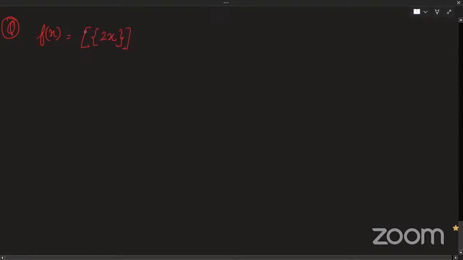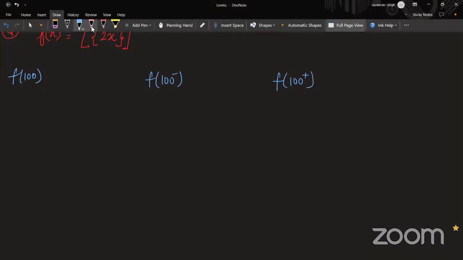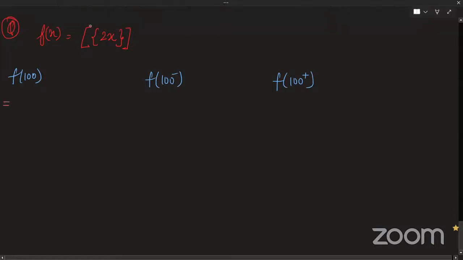Now I am asking you to calculate, first of all, f of 100, f of 100 minus, and f of 100 plus. Let us see if you can do this.